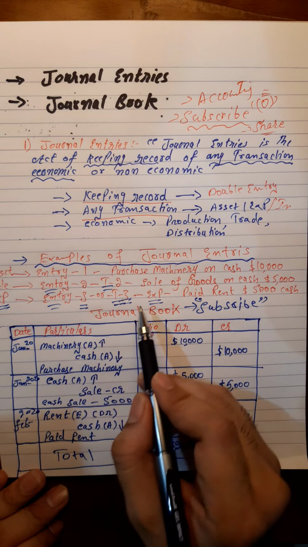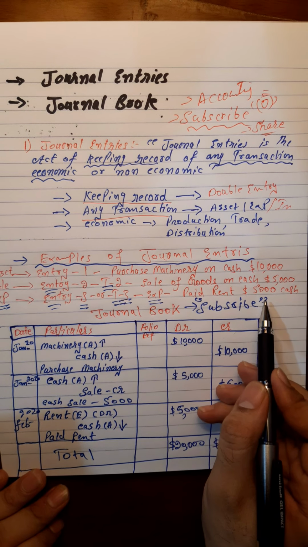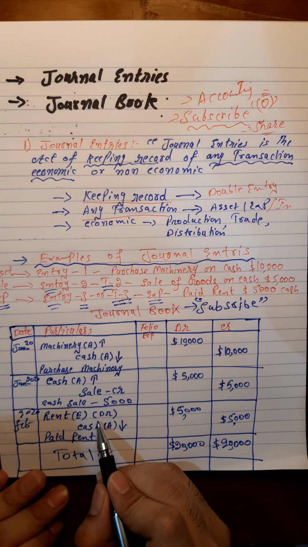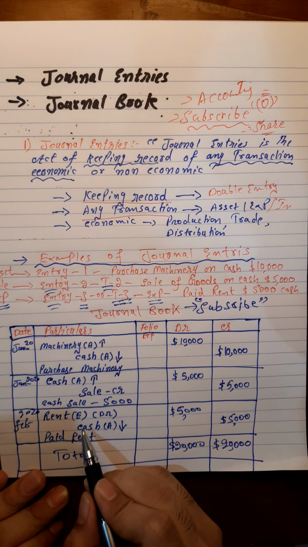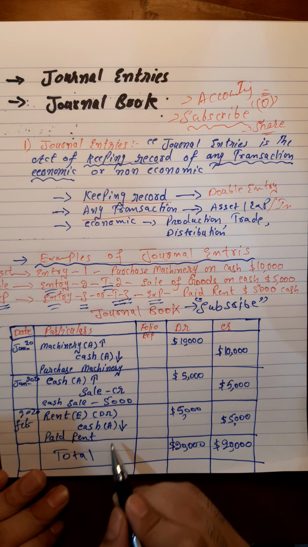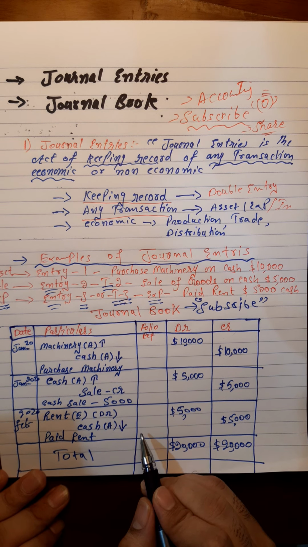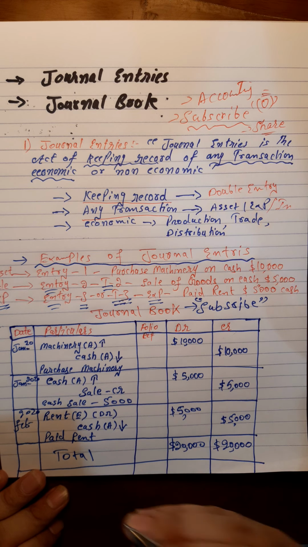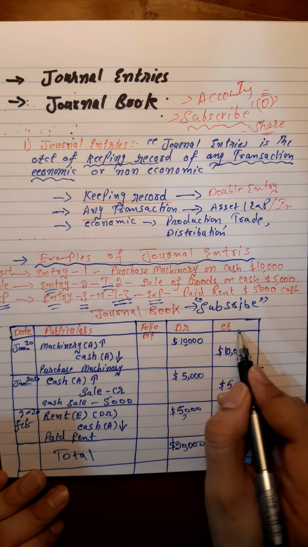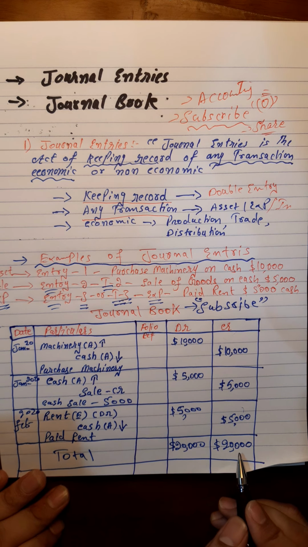Entry number 3, transaction number 3, expense, paid rent in cash. Rent debit 5,000. Expense will always be debited in accounting. Cash is our asset. We paid the rent, so our asset cash decreases. So when an asset decreases, we will credit, cash credit. This is the total.